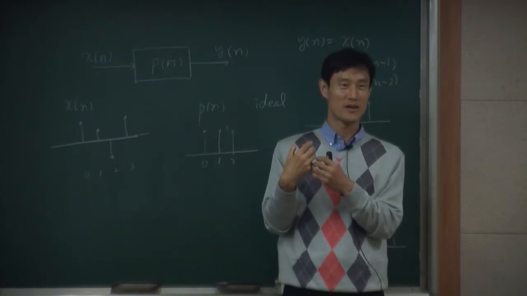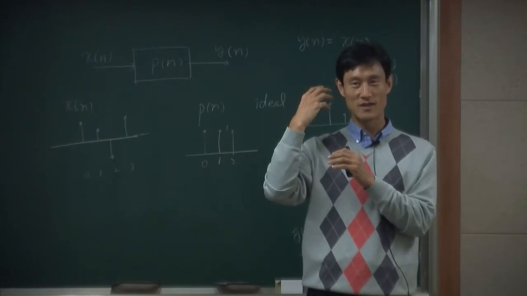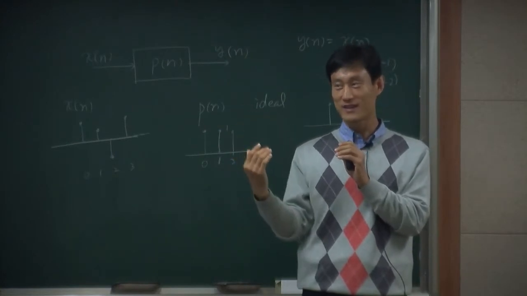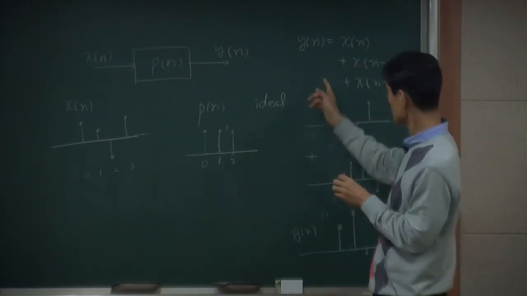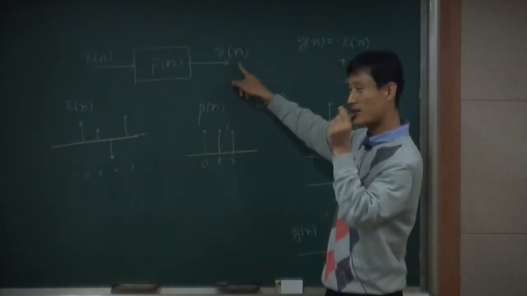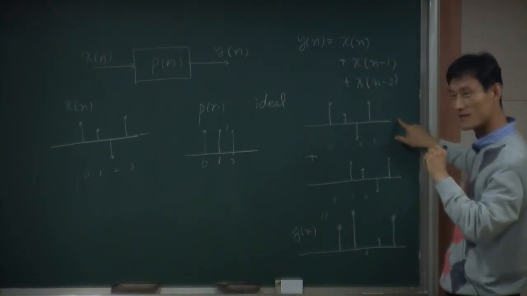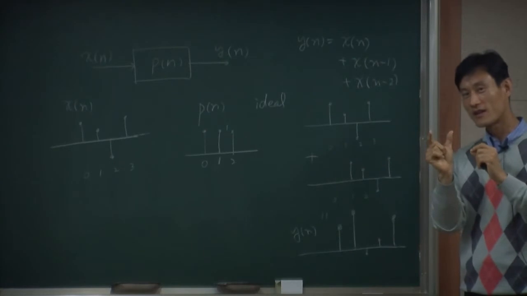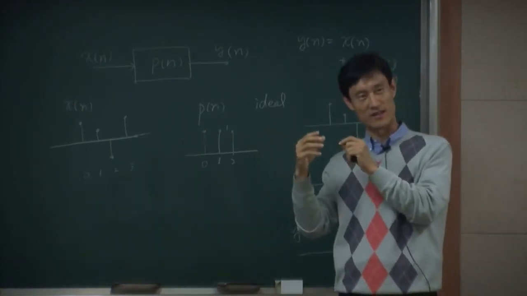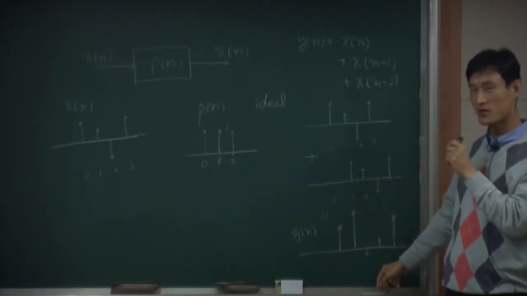That's an echo. But when I say something, I hear my voice not just once, right? That's an echo. That's exactly like this. I say my voice, but when I hear it, I hear it with a little bit of delay. A little bit later, I hear it again. A little bit later, I hear my voice again. That's exactly what happened here, right? This is what we call ISI, intersymbol interference.